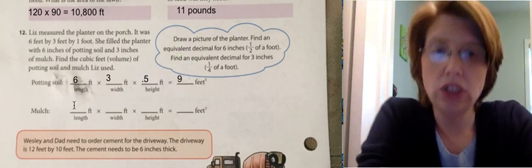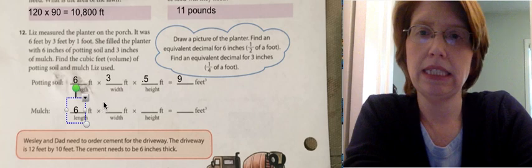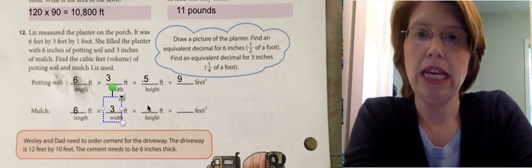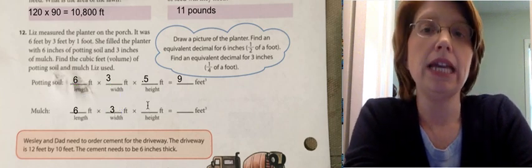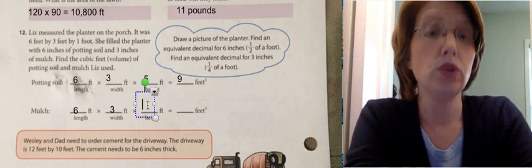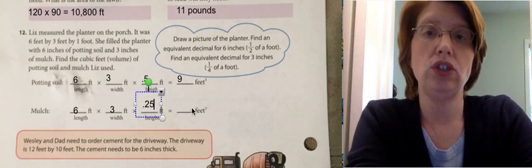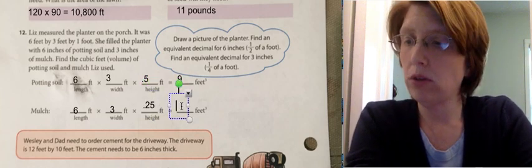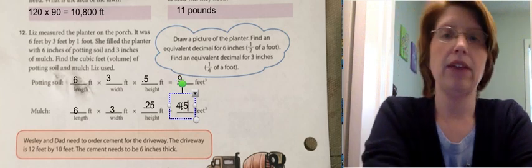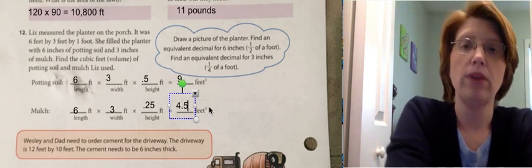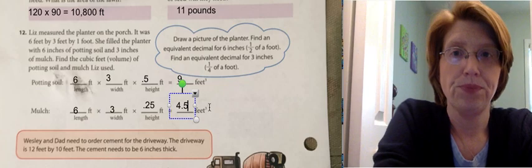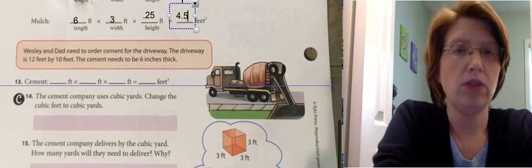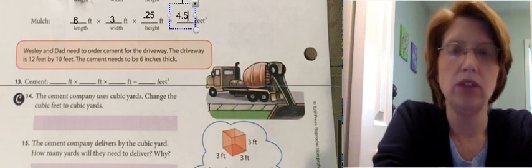So the mulch is going to be 6 times 3, and this one only had 3 inches, which is actually a quarter of 12, so 0.25. So when I multiply all that together, I get 4.5 feet. Okay, I hope you stayed with me on that one. That one was just a little bit confusing.